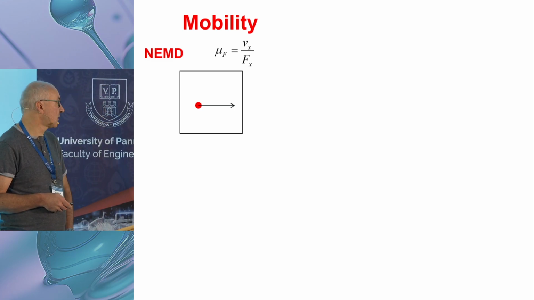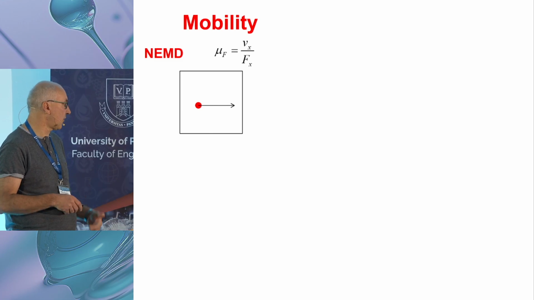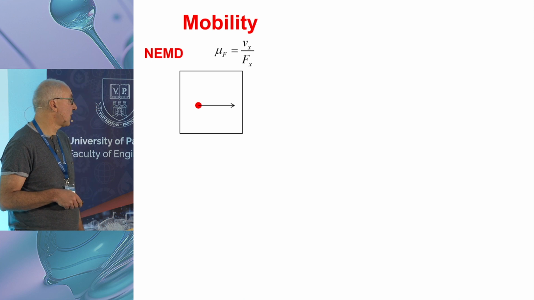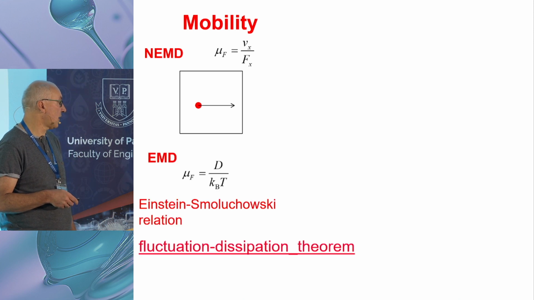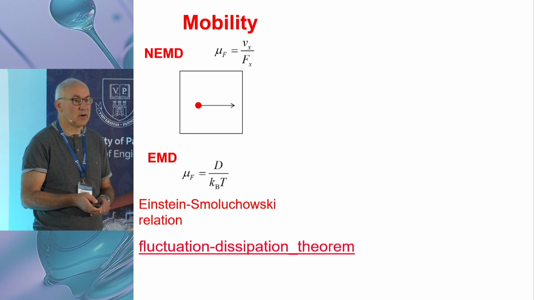So again, if you wanted to determine mobility, you can use non-equilibrium MD, for example, turn on the force acting on one particle and measure its velocity. Or you can try to do it with equilibrium MD, and that means you need some formula which will tell you what's the mobility, ionic mobility.